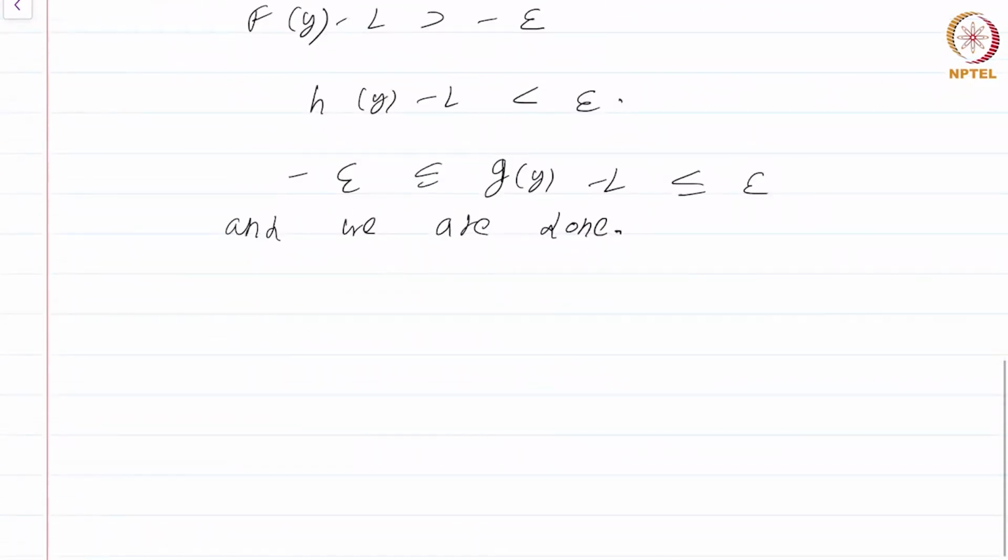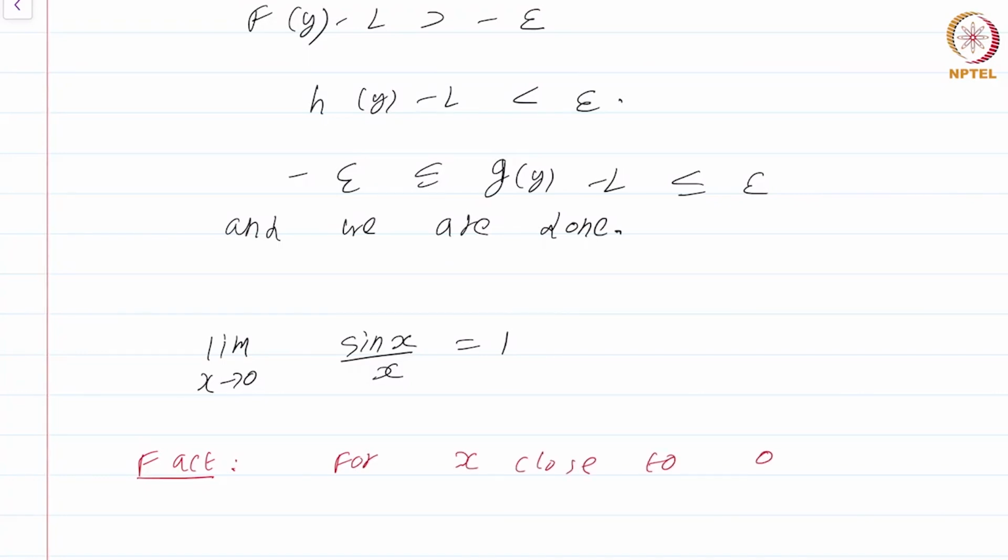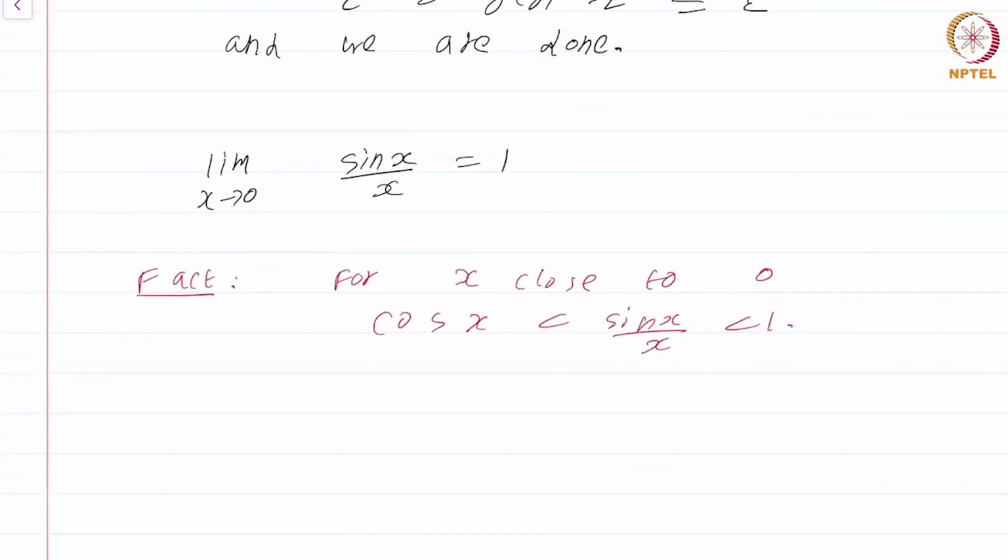How do we use this to show the limit as x goes to 0 of sin x by x is equal to 1? Well, I need to use a fact. For x close to 0, cos x is less than sin x by x is less than 1. This will be proved at a later point when I define the trigonometric functions precisely.